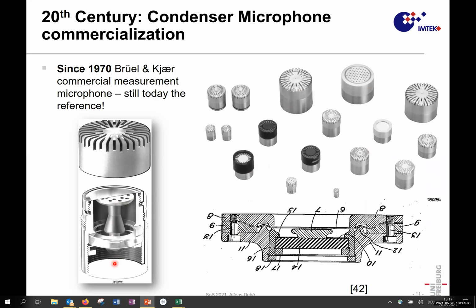Here you have a counter contact from the amplifier, which is connected to the back side. By screwing, a metallic foil is tensioned across this back plate with a gap of maybe some 30 micrometers. You find those devices for calibration of audio setups, or wherever high-level measurements are done. And it's still available today.